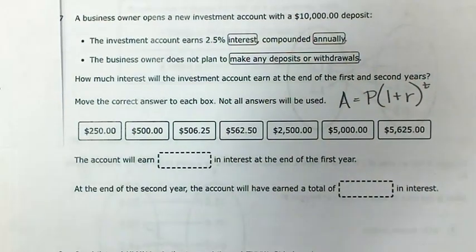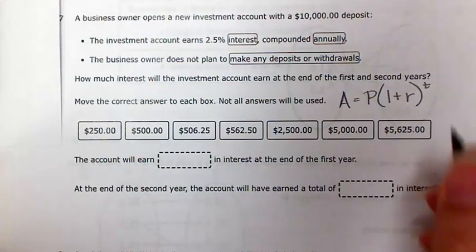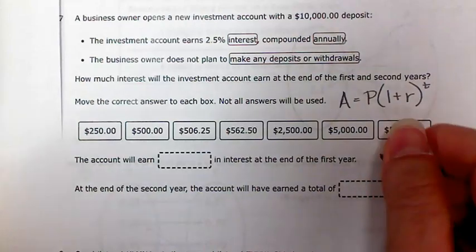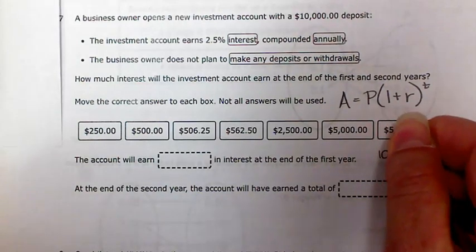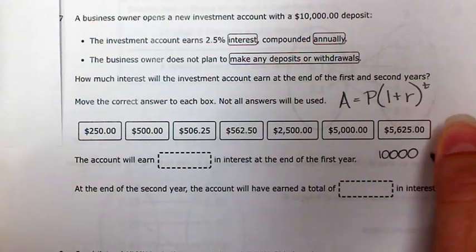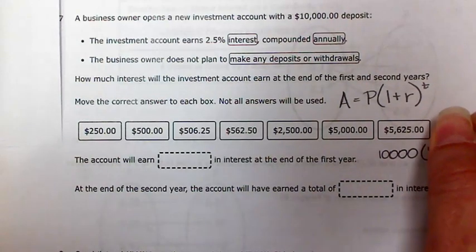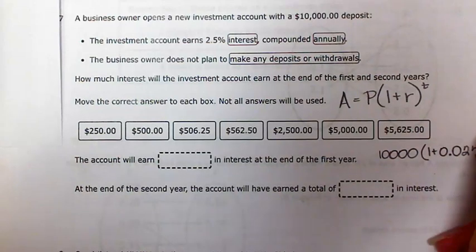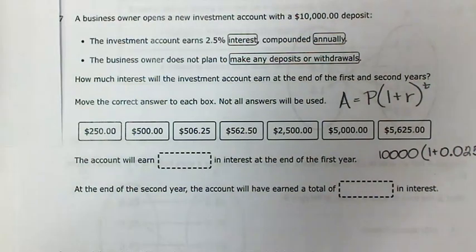Okay, so I'm going to do it first. What is the interest compounded for just 1 year? Well, 10,000 times 1 plus 0.025 raised to the first power.